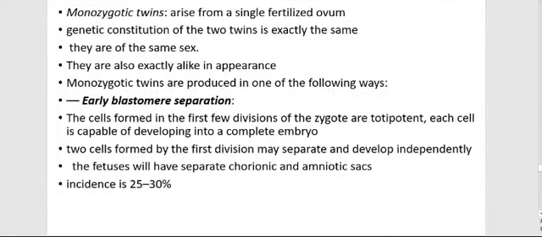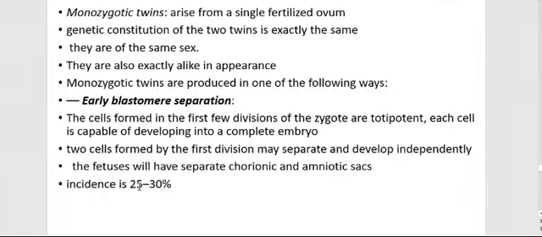Monozygotic twins can be produced in one of the following ways: early blastomere separation. Immediately after the zygote is formed, at the two-cell stage, the two cells will separate, and two individual human beings will start developing. At this stage, we are only at the cell stage. We haven't formed the trophoblast, and we also haven't formed the amniotic cavity.